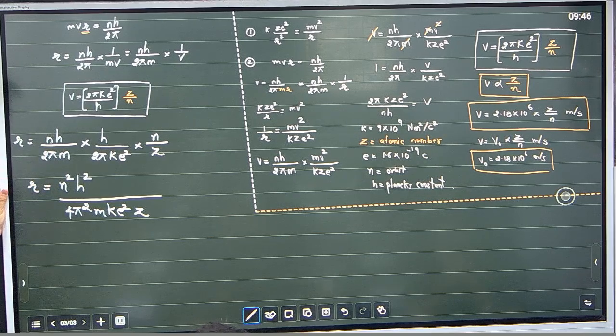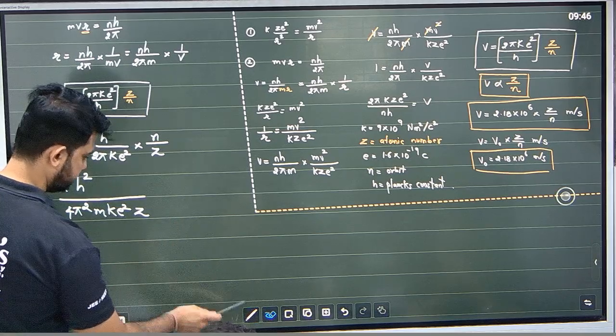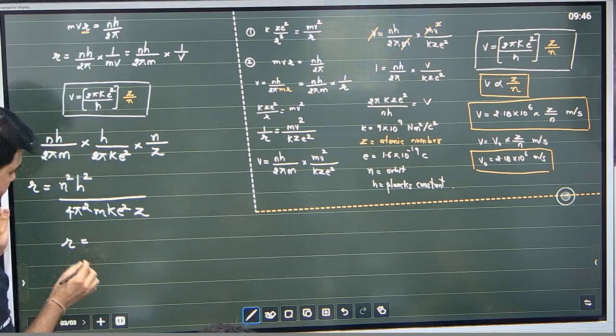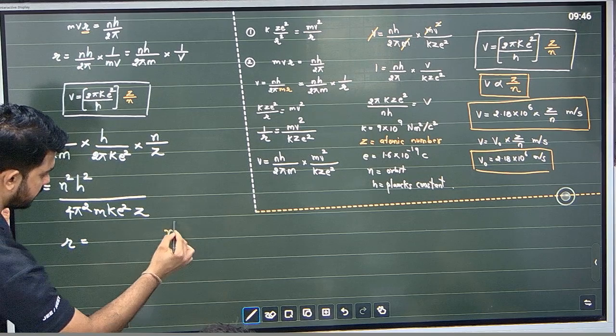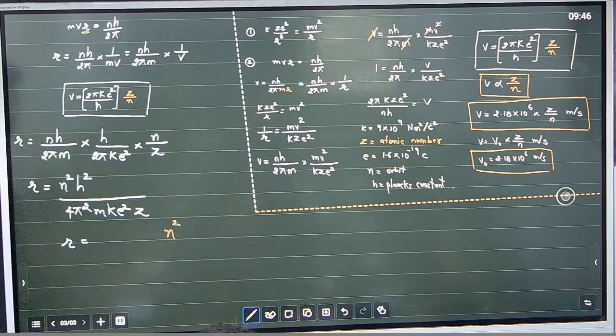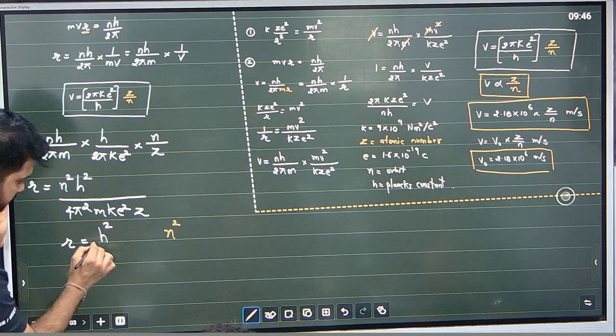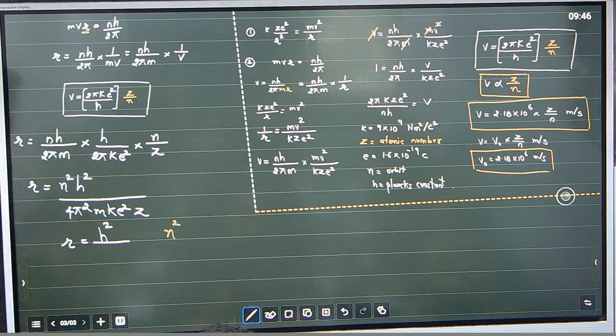No. Is H a constant? Yes, it has Planck's constant in its name. H squared. Is 4 constant?